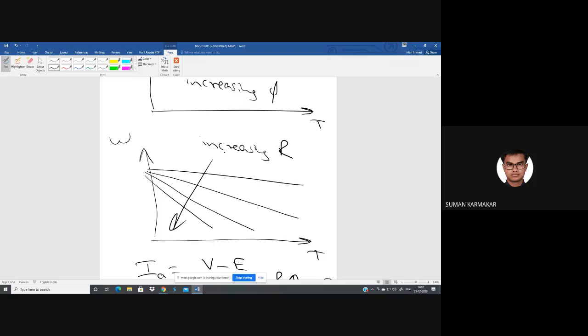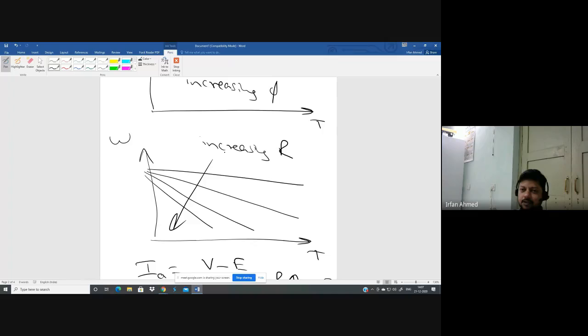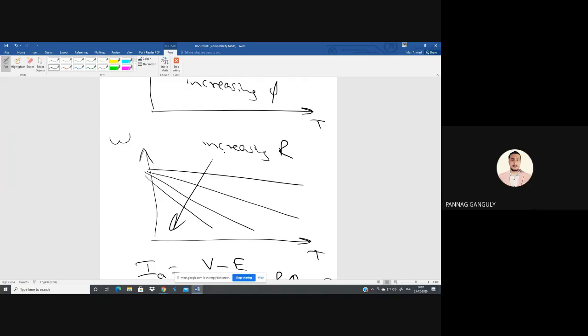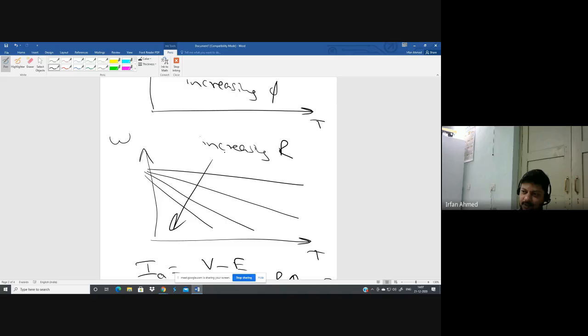Resistive control. Yes, because it is a very low power application. It does not justify going for armature voltage control or field flux control.